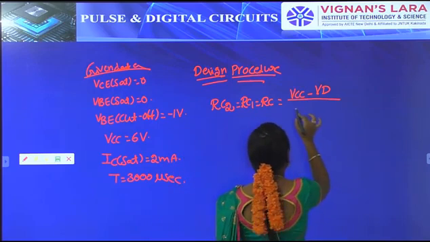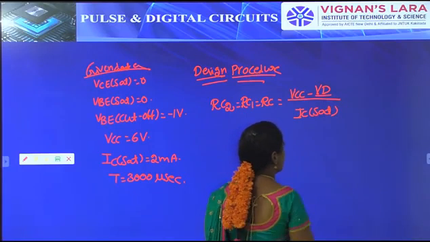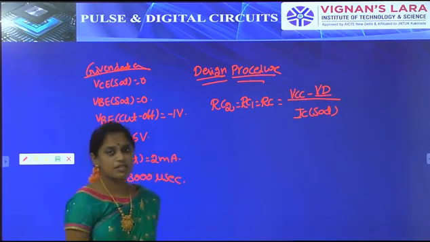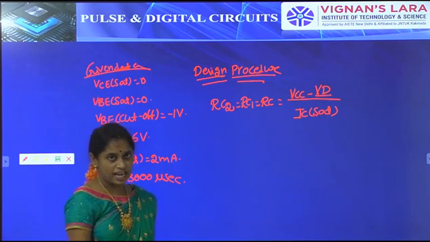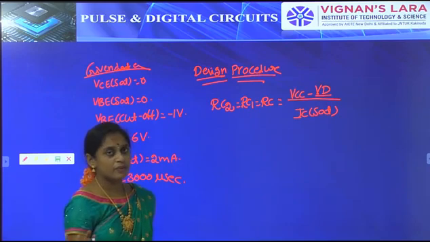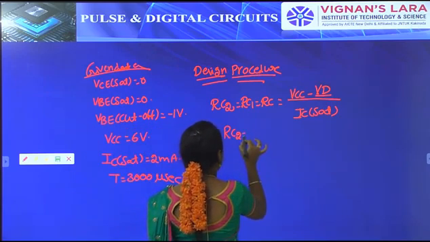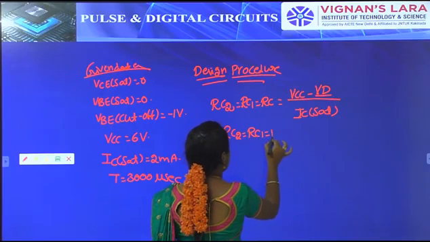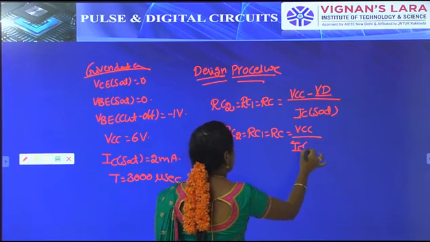As we know, we neglect the junction voltages. Since transistor Q2 is in on condition, VD becomes VCE saturation, which will be 0. Simply RC2 and RC1, that is RC, is equal to VCC by IC saturation.